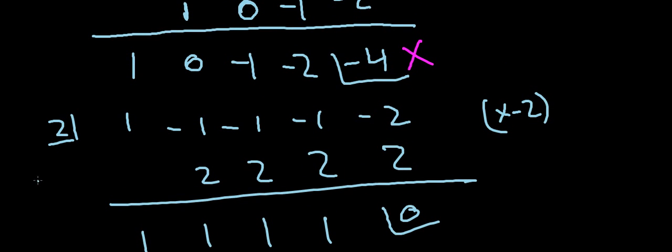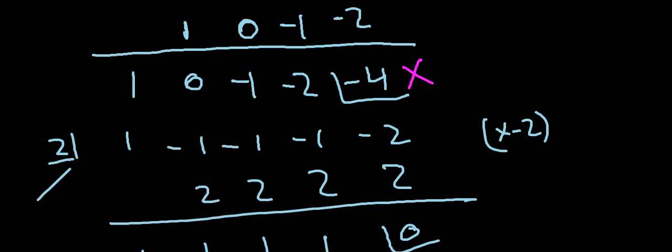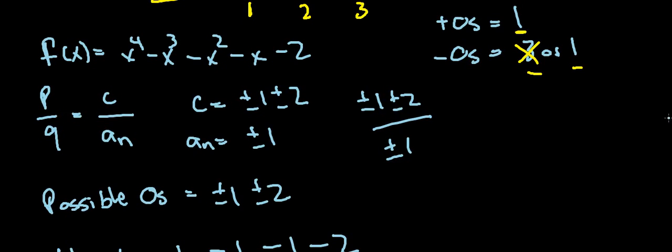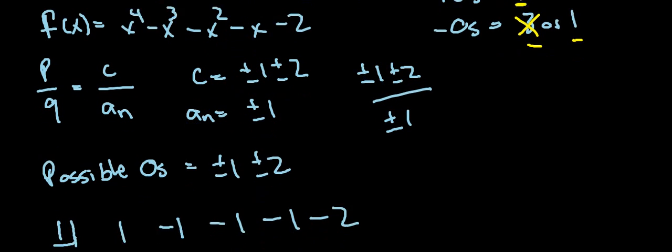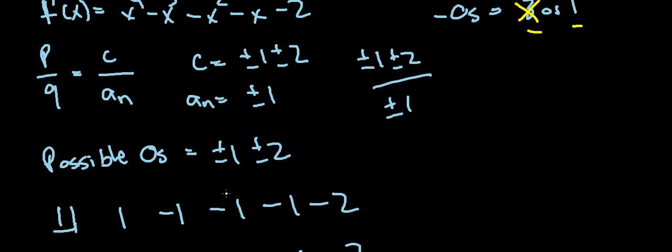This step was completely unnecessary because of Descartes' rule of signs. We know there is one positive zero out of 2 zeros. So if it's not 1, it has to be the other. We did 1, it wasn't 1, so therefore it must be 2. And I just did this just to show.